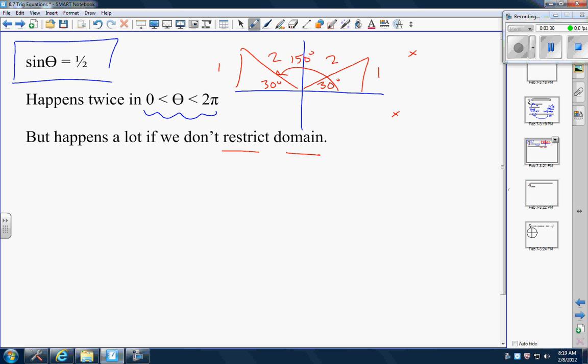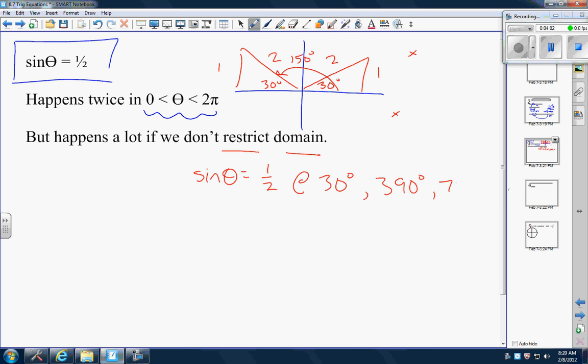If I let this thing go around and around again, I could say sine of theta equals 1/2 at 30 degrees, and at 390. Take the 360 and add the 30, and I could add another 360 to it as well.